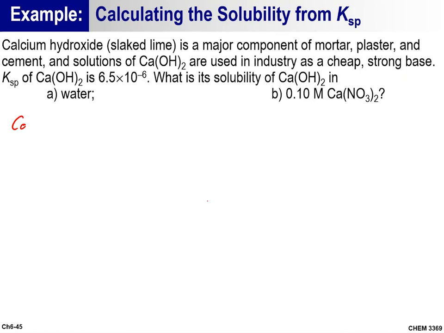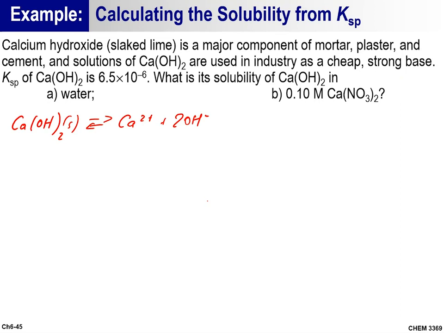So we have calcium hydroxide, which is a solid, and it dissociates into calcium 2+ and OH- ions in the solution. The Ksp, the equilibrium constant for this reaction, is 6.5 times 10 to the negative 6.